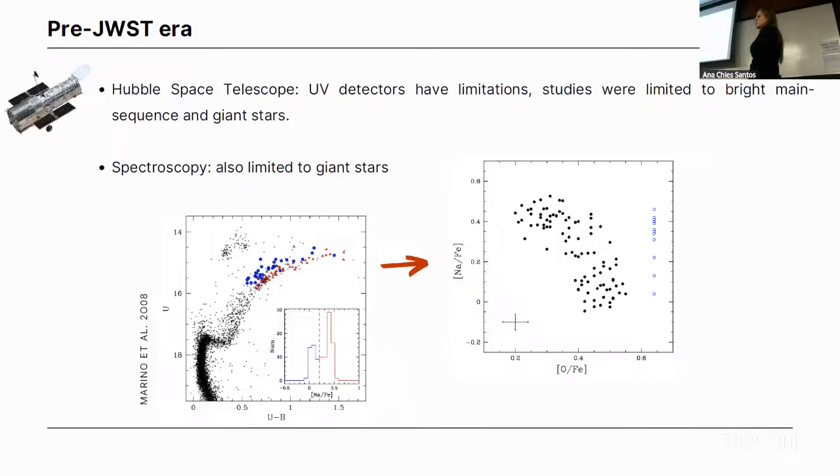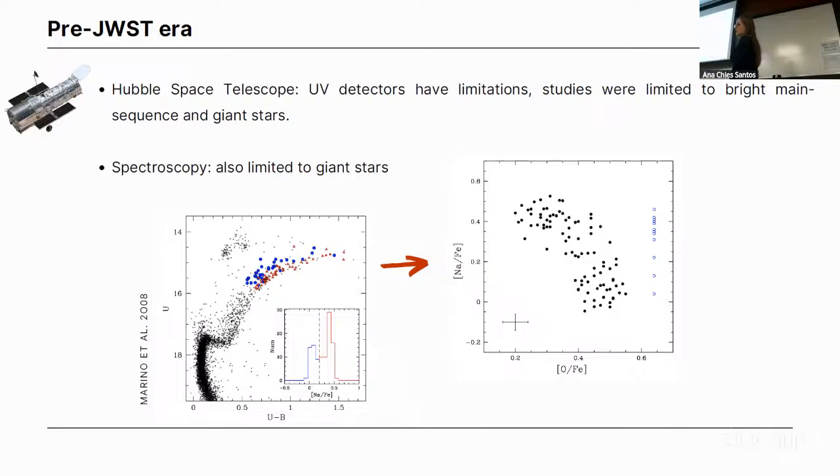So before the JWST, most of the results that we had, considering multiple populations in clusters, were made with HST or spectroscopy. But with the HST, we mainly use UV detectors, UV filters, to separate the multiple populations. And they have some limitations, so we can only use this for high mass stars, which are the brightest stars.